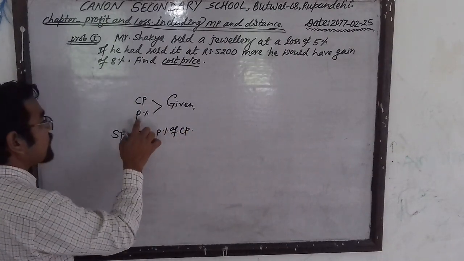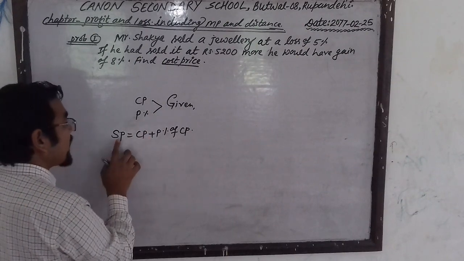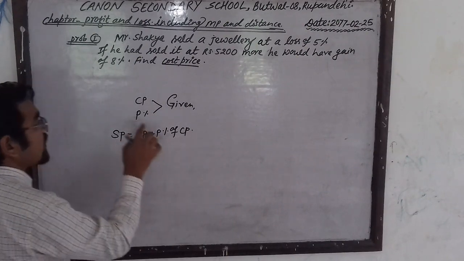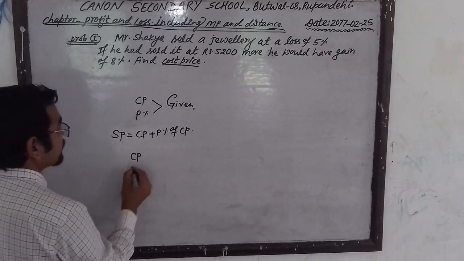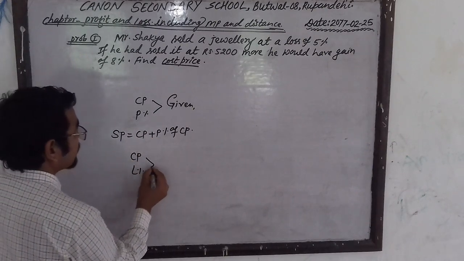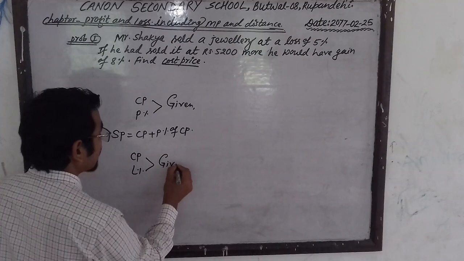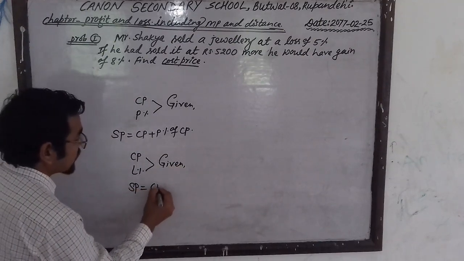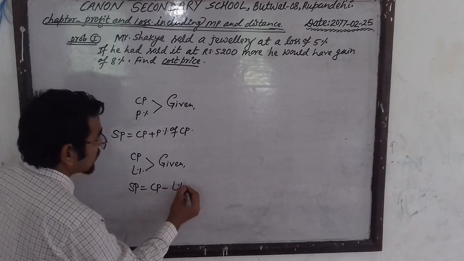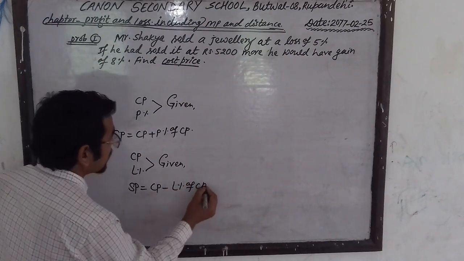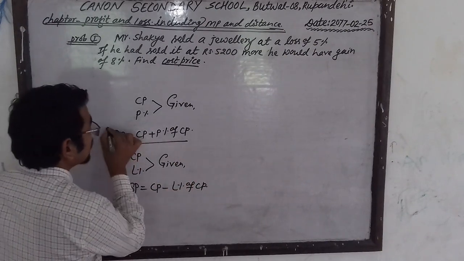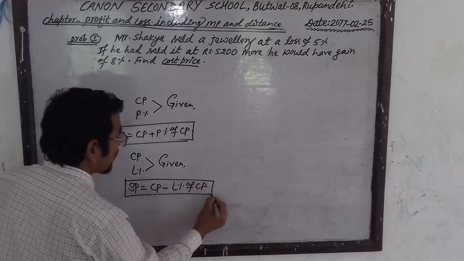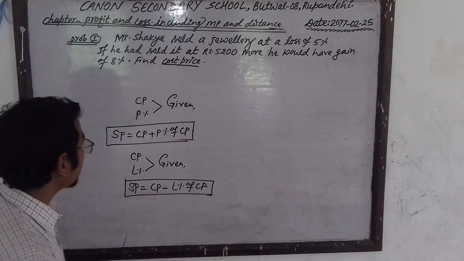If CP is given and profit percent is given, then we can find the selling price: SP is equal to CP plus profit percent of CP. If CP is given and loss percent is given, then SP is equal to CP minus loss percent of CP. We use these two formulas many times to solve problems. All of you have to keep this in mind.